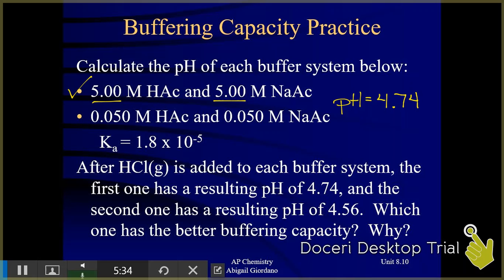The greater those concentrations are, or really what it is, guys, is the greater the number of moles of each one of these participants. Sorry, let me circle just the conjugate base. Okay, the greater the number of moles of these players in my buffer system, the greater the capacity will be. When there's going to be fewer moles of my players, the capacity is not going to be as great.